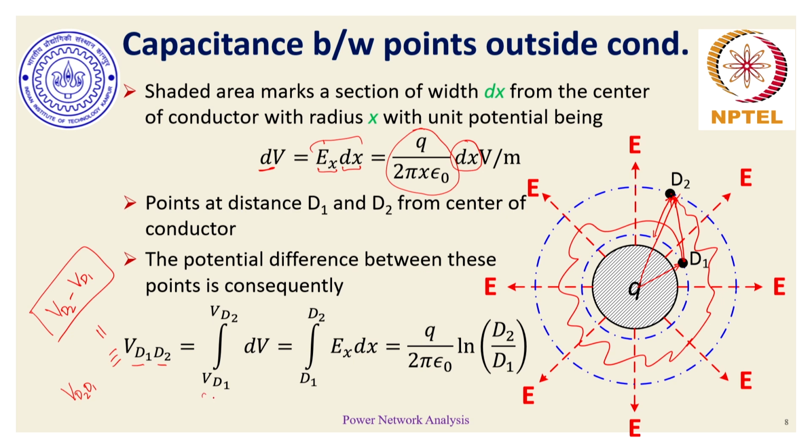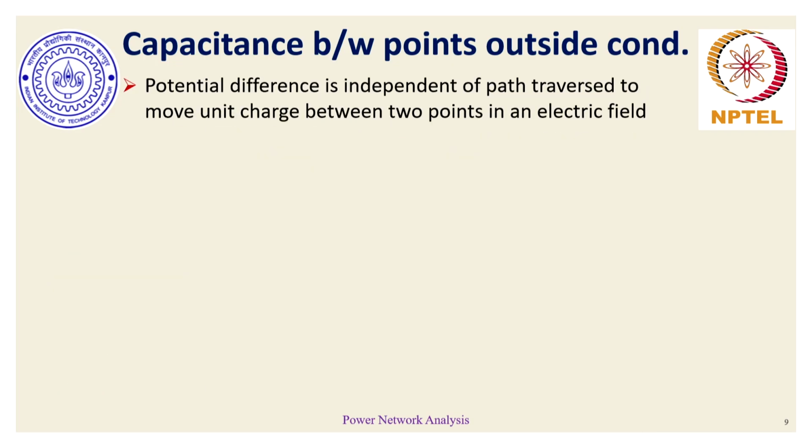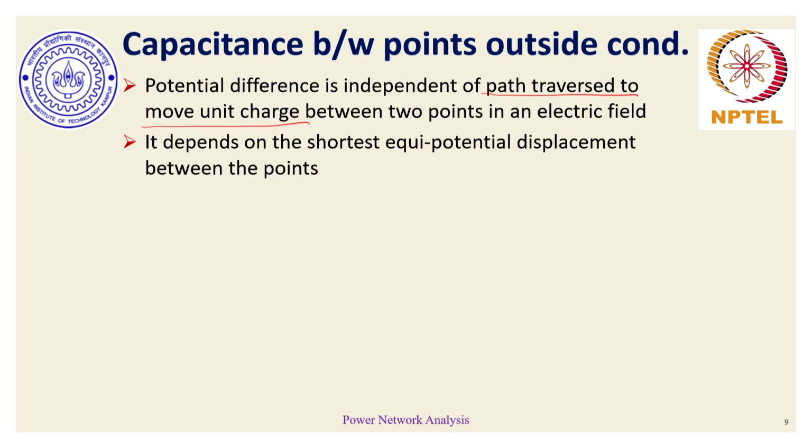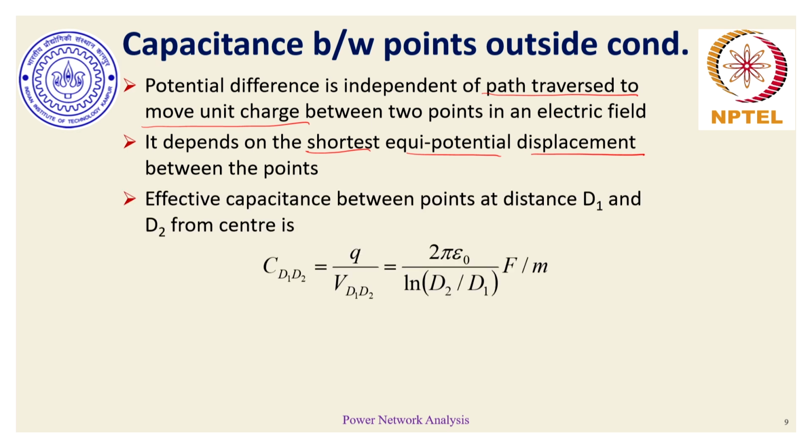It would be nothing but equal to the integral of dV, and when we substitute dV in terms of x and dx, we have this expression of the potential, which is q by 2 pi epsilon naught natural log of d2 by d1. Now, once we know the potential difference, it is, as I mentioned, independent of the path traversed by the unit charge to move between 2 points on two equipotential surfaces. It actually depends on the shortest equipotential displacement between these points, not the actual distance.